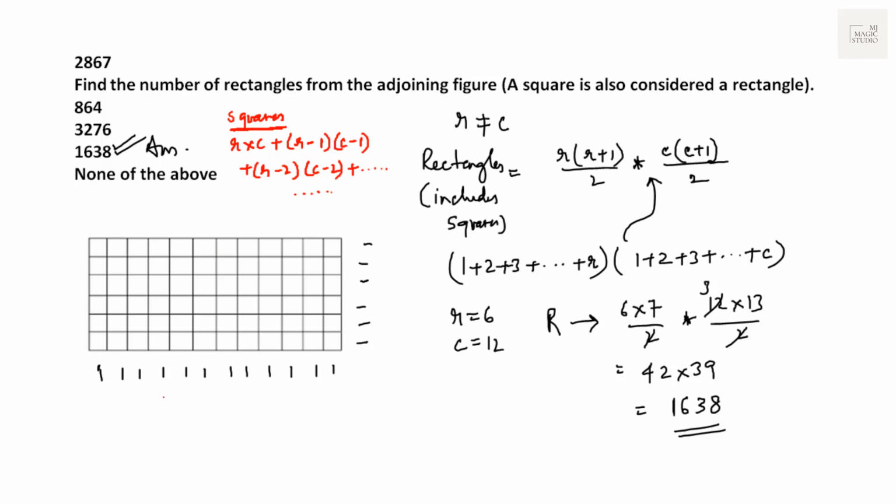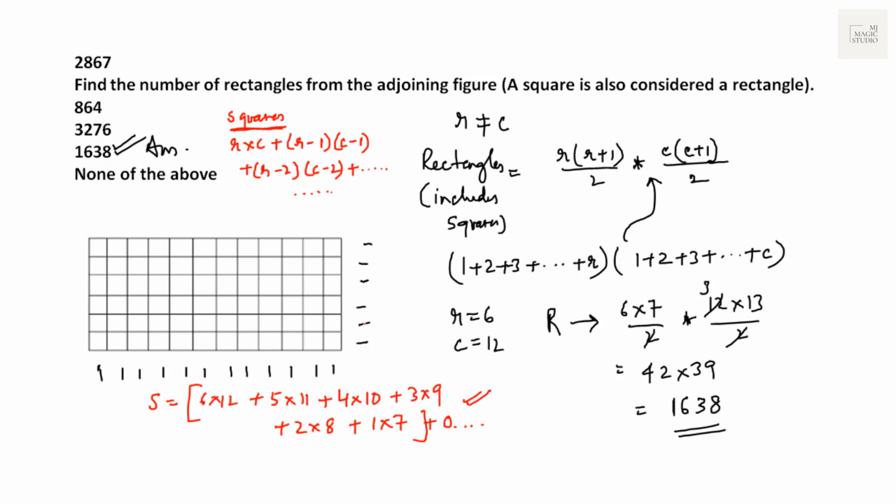So if only the number of squares is asked, it would be 6 into 12 plus 5 into 11 plus 4 into 10 plus 3 into 9 plus 2 into 8 plus 1 into 7, and now stop, because henceforth we will start getting 0. So calculate yourself and find how many squares there would be.